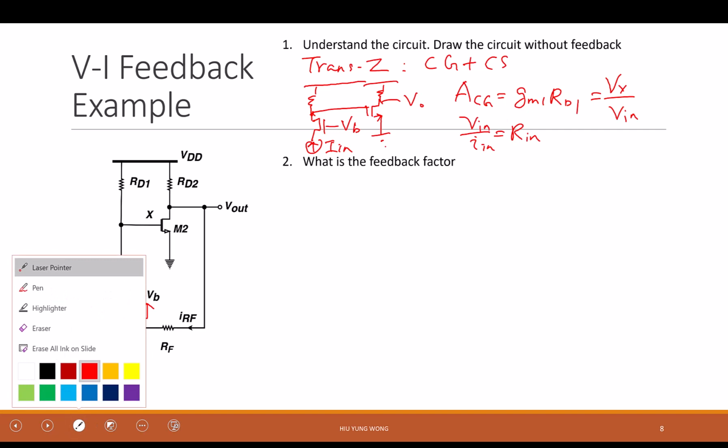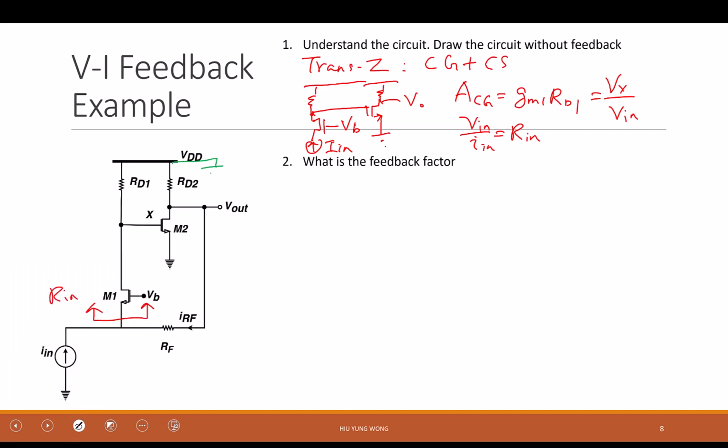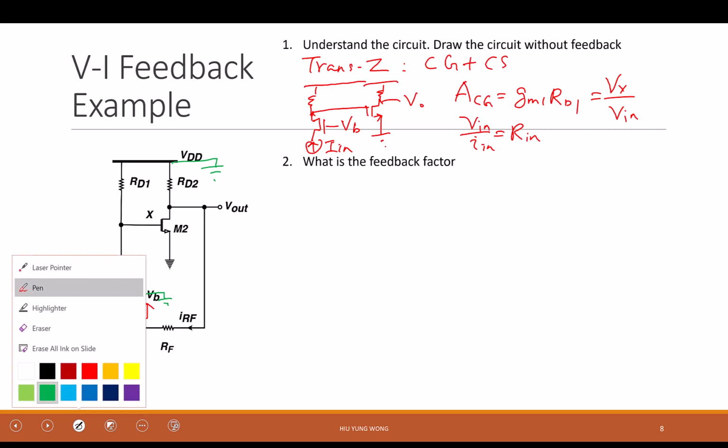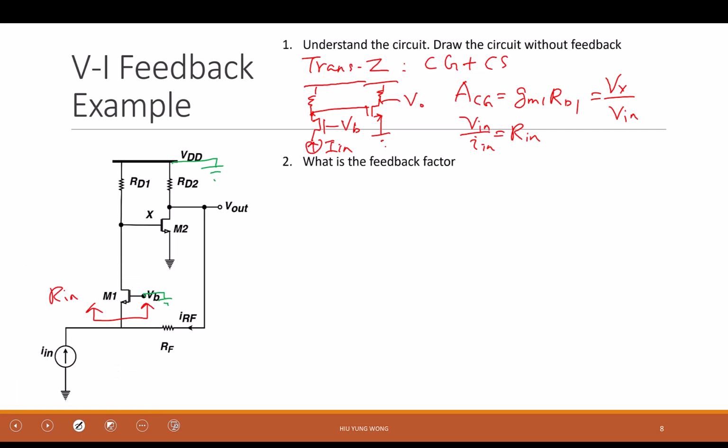I don't repeat again, but you always know this already when we talk about the AC response: ground all the DC voltage, open all the DC current source. So you're correct, but I just want you to be specific. Or on the other hand, you can say it is the input impedance of a common gate amplifier. We derived in small signal already. It is 1 over gm1, right?